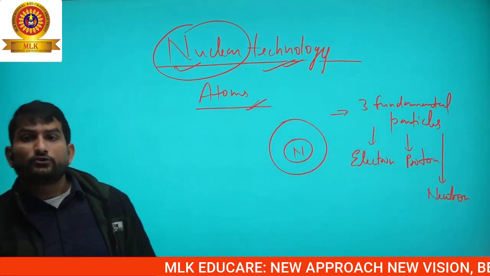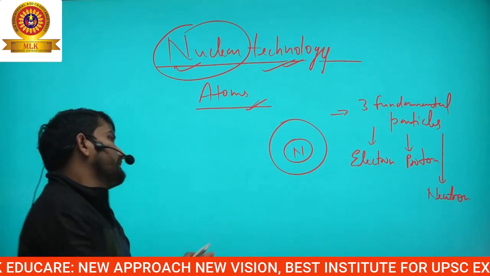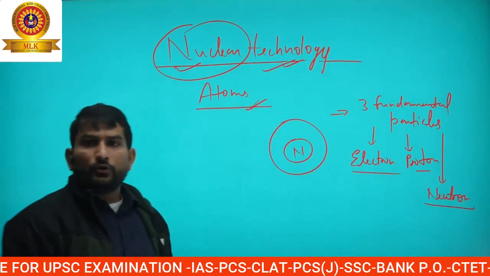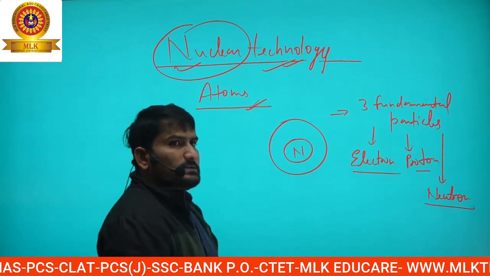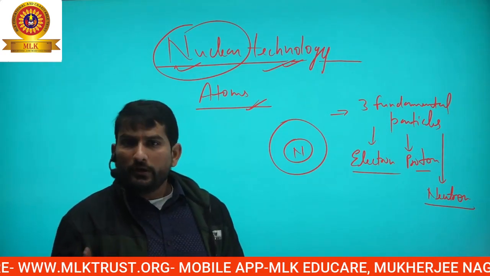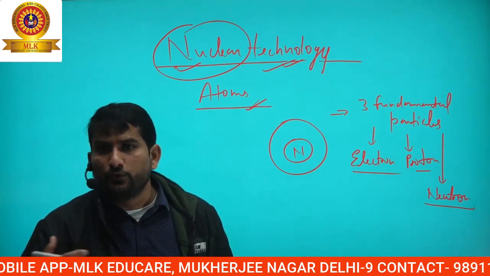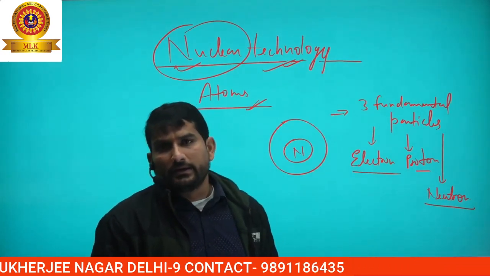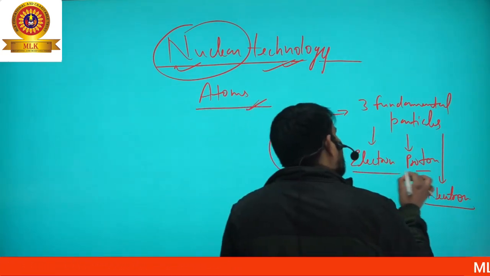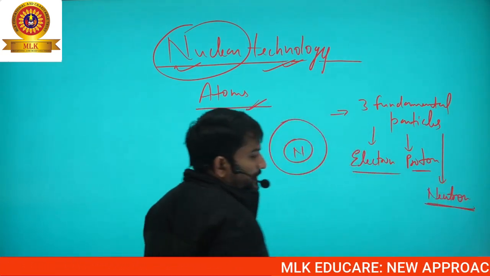Okay, electron, proton and neutron, these are the three fundamental particles. Besides these there are many others, like positron, neutrino, photons. Okay, positron, neutrino, photons, these are also sub particles. Clear? So these are the basic three fundamental particles.